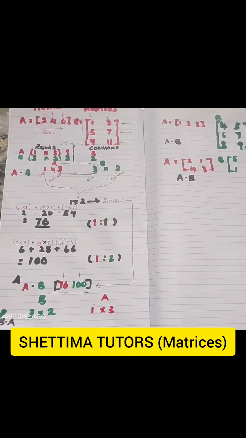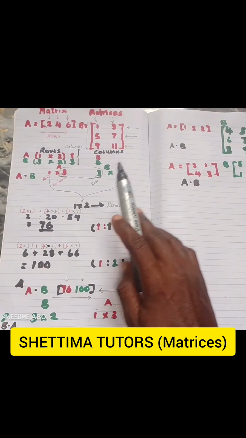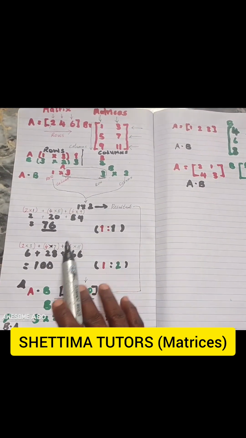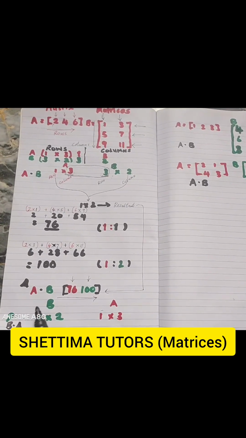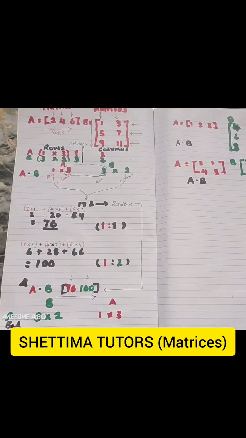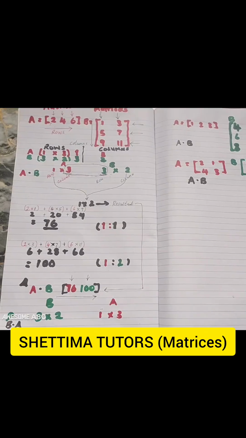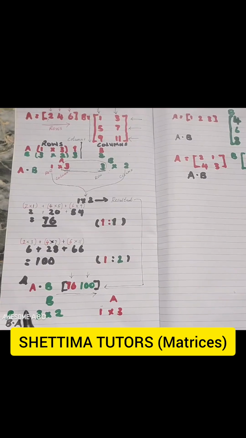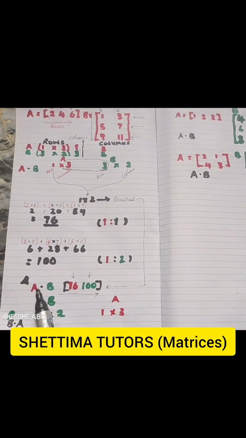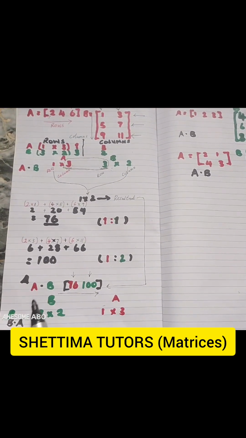Let's go back to our first question. We did A multiplied by B. This time I want to check if B multiplies A. Is it going to be defined? Will it work? We talked about the order of multiplying matrices. The order was A by B. How about trying B by A?